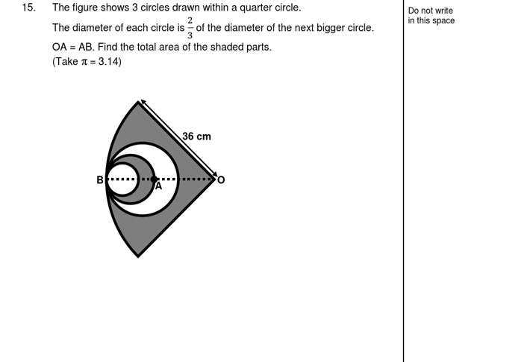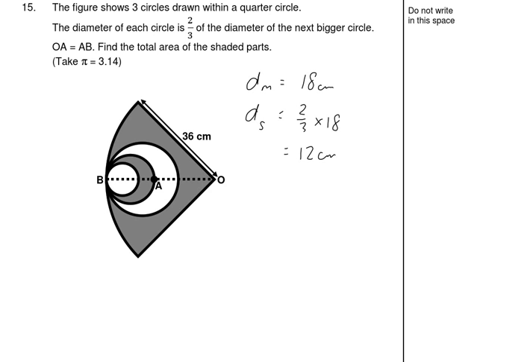Okay, so you do know a few information here. So diameter of the medium circle is actually equals to 18 cm. And then diameter of the small circle will be 2/3 of 18, which is equals to 12 cm. Okay. Now, can I find the diameter of the large circle? Yes. I can, right?